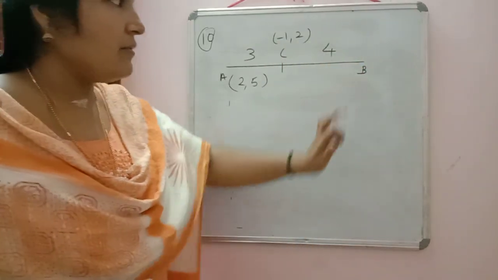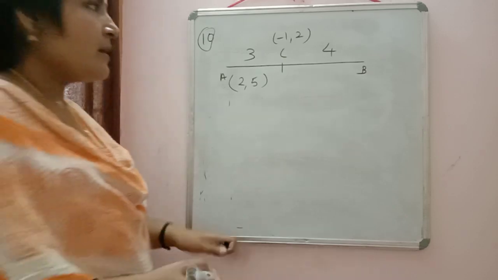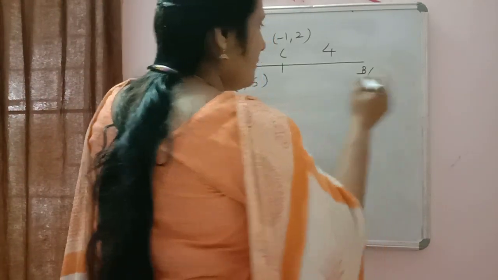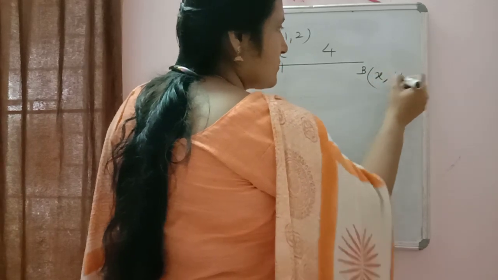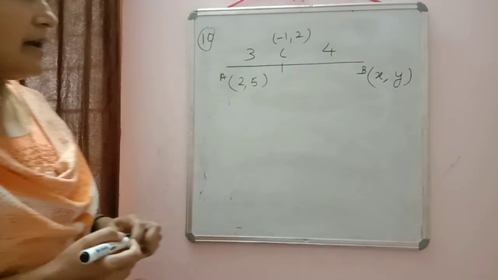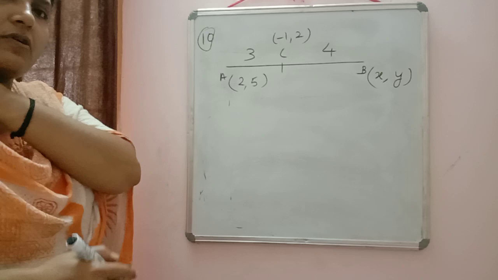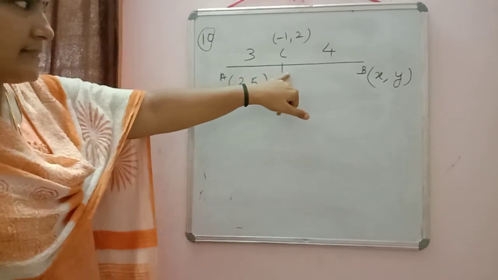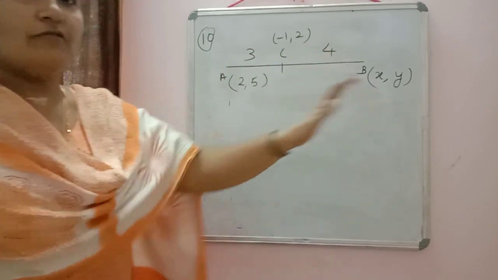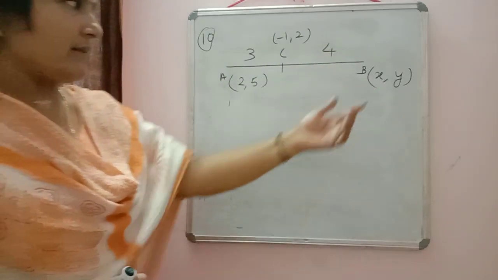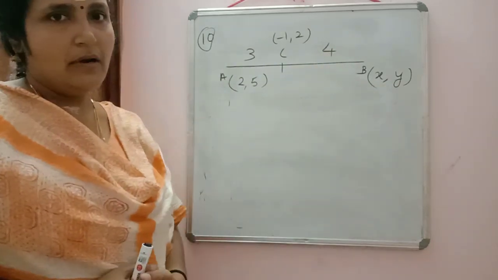We have to find out the coordinate of B. So this coordinate we don't know, so we can take the coordinate as x comma y. We have to calculate the value of x comma y.